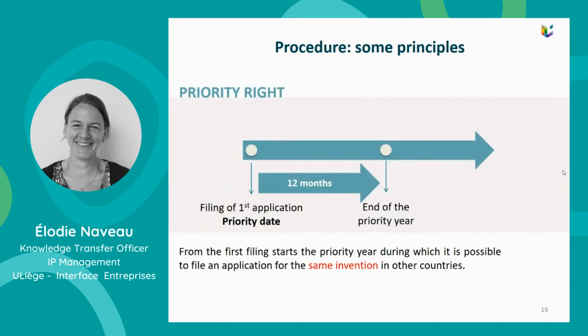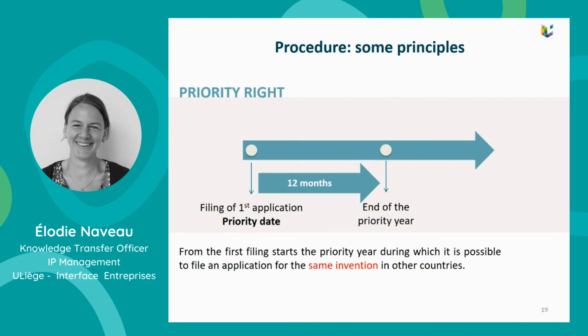Another principle is the priority right. When you first file a patent application, you receive a 12-month period, so 1 year, to file the same invention in other countries. This is because the patent right exists from a long time ago, in the 15th century, when people had to go by horse, traveling from one country to another and depositing the invention at each office.